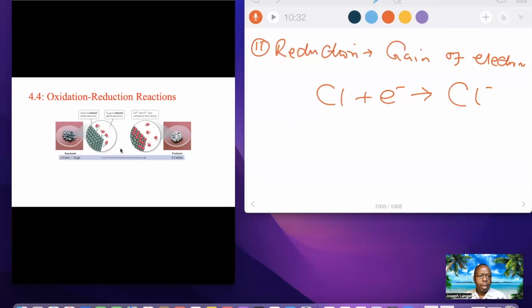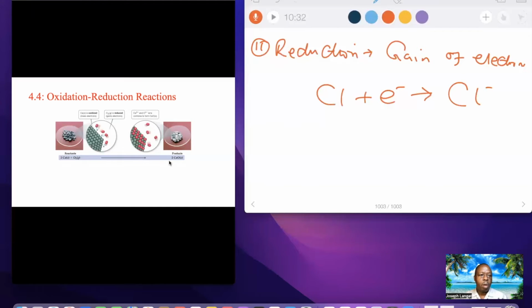On the PowerPoint slide here, this is just an illustration of a redox reaction where, initially, the term oxidation meant addition of oxygen, all right, to form an oxide. And here is calcium reacting with oxygen to form calcium oxide.